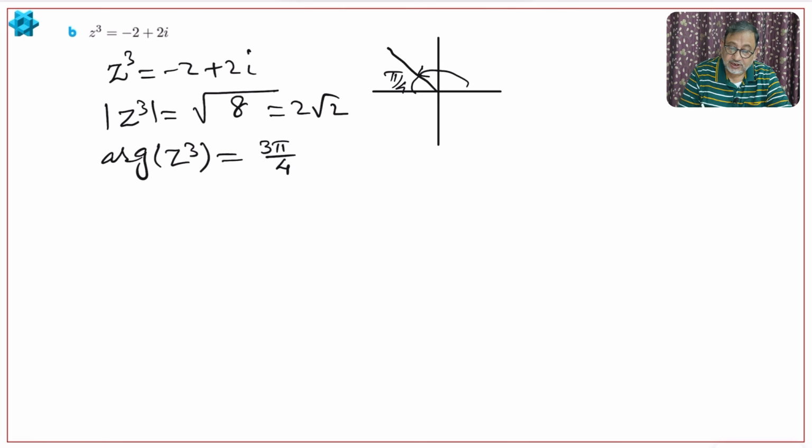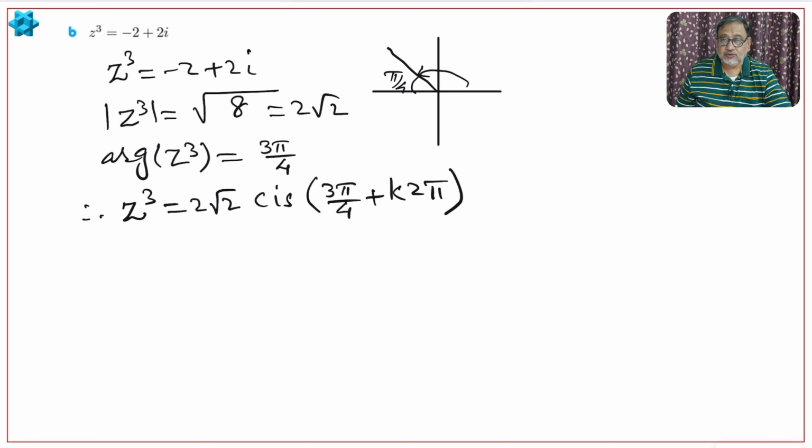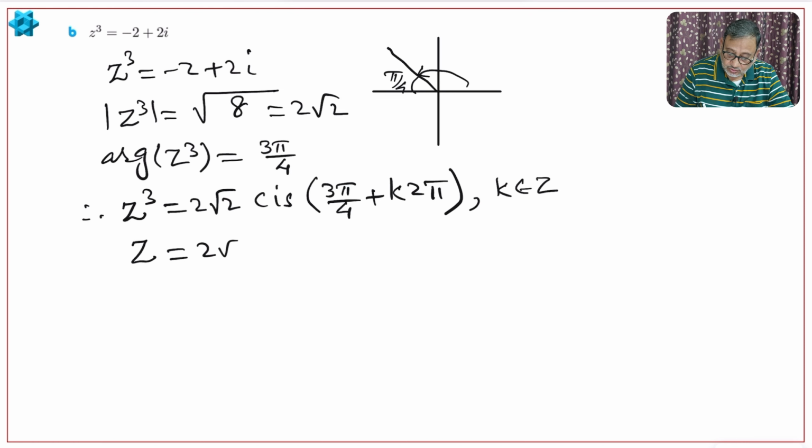Because we are finding the cube roots, z cubed in the modulus and argument form will be like this, cis 3 pi by 4 plus k into 2 pi. Always we use k into 2 pi because k gives us different roots, right? So we have to write that. Now taking the cube root, z is equal to 2 root 2 cis 3 pi by 4 plus k into 2 pi, all of them to the power 1 by 3.